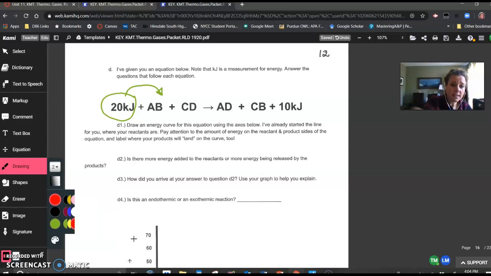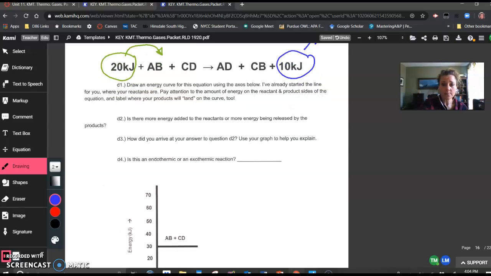And this is the energy that's being released in order to form the bonds of the product. So I have 20 kilojoules going in, and I have 10 kilojoules going out.